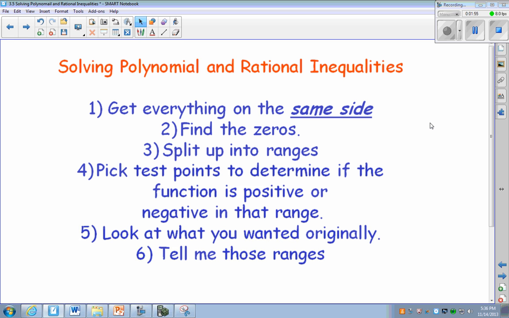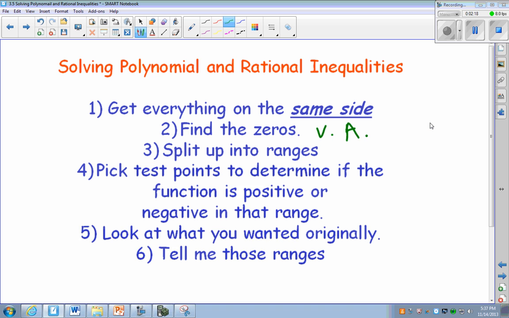What you wanted to do here was with these inequalities, you're going to want to set everything to 0. And then for number 2, you want to find your zeros and vertical asymptotes when dealing with rational functions. And then we're going to split it up into ranges or intervals.